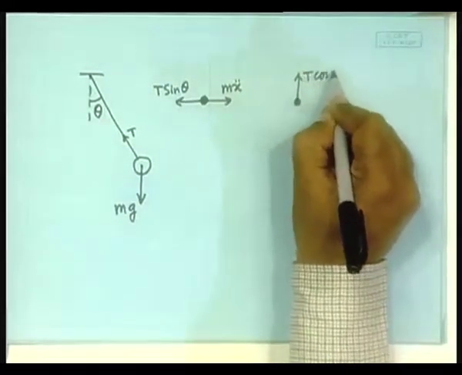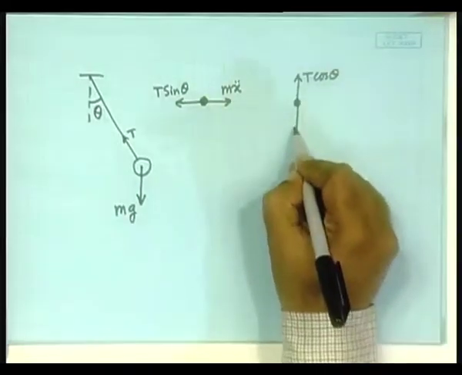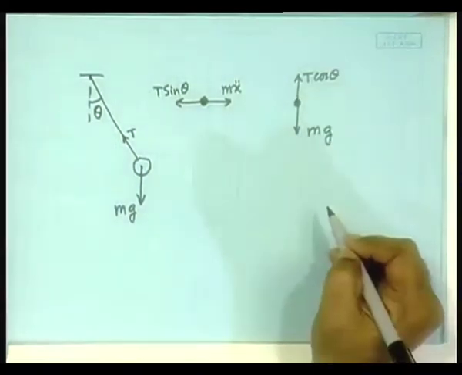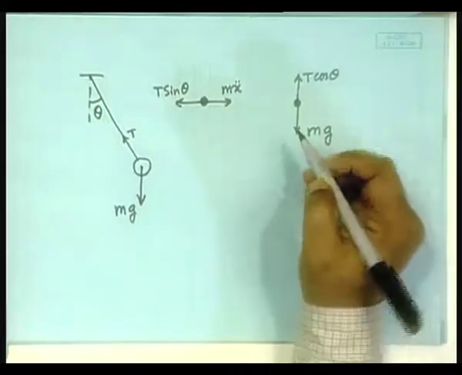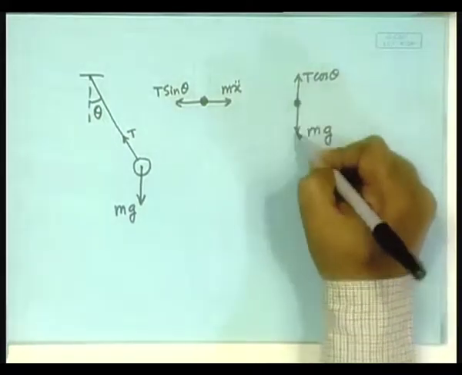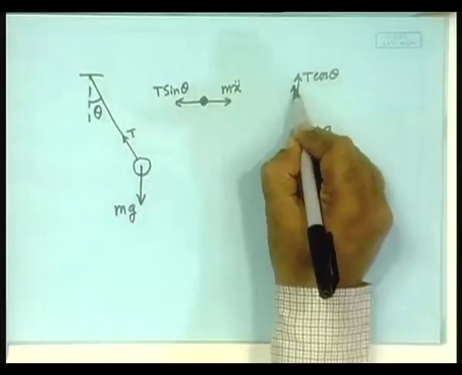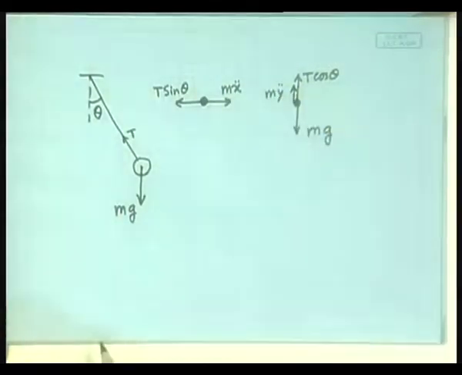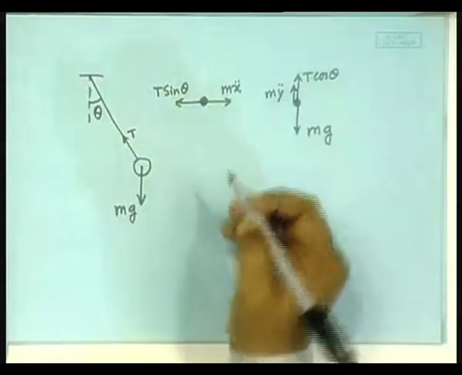In this direction, mg. So, you have the mg minus T cos theta working, and naturally there will be mass into acceleration, m y double dot. That will be the free body diagram. Simply equate, you have the equations given.